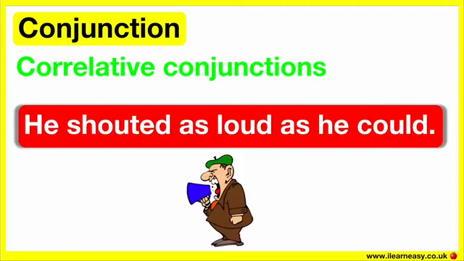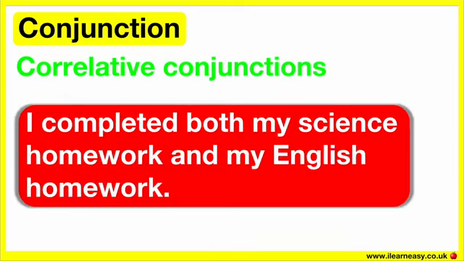For example, he shouted as loud as he could. The correlative conjunctions in this sentence are as as. I completed both my science homework and my English homework. The correlative conjunctions are both and.